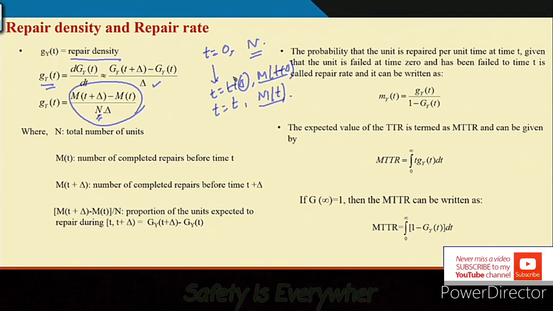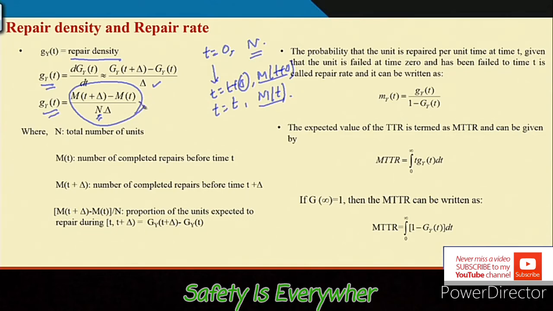Okay. If you divide by N, that will be the proportion of components repaired within time delta, and if I want it in unit time, then you have to divide it by delta, and that is the density.